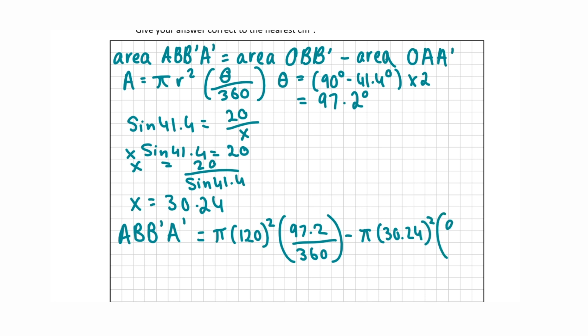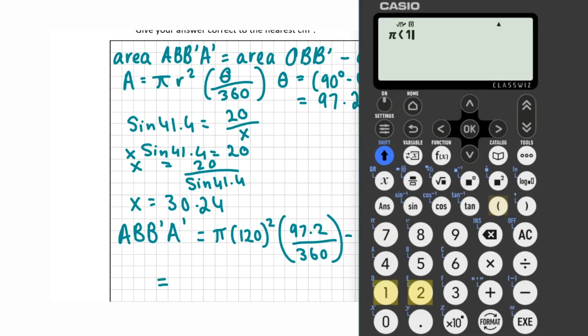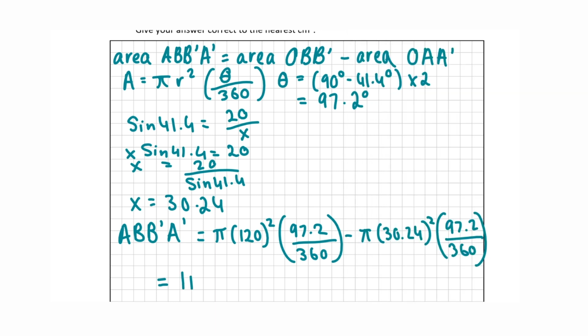So again, that'll be 97.2 all over 360. So now we just need to put that into the calculator. So putting that into the calculator and correcting to the nearest centimetre squared, that's going to be 11,439.